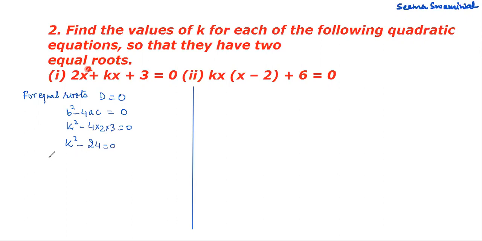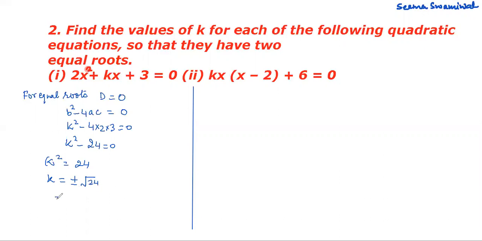That means either k square is equal to 24. That means k is equal to, whenever you remove a square, you will put a sign of plus and minus and square root. Simplify this 24.